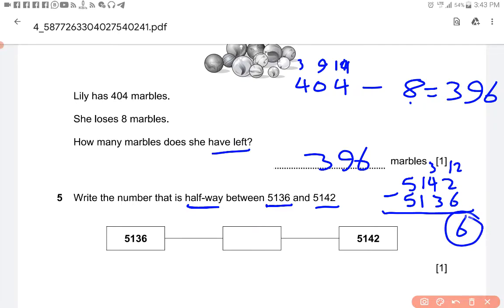So the answer is 6, the difference between the two numbers. Then 6 divided by 2, it will be 3. Add 3 to this number. So the answer will be 5,139.